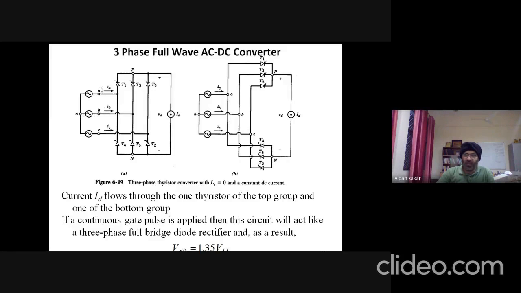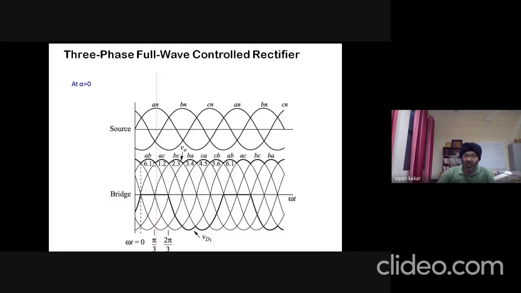So we have covered A to B, and the voltage developed at the load, VD, will be across A and B, because the current has followed this path from A to B. So VAB is the voltage at the load, across phases A and B.